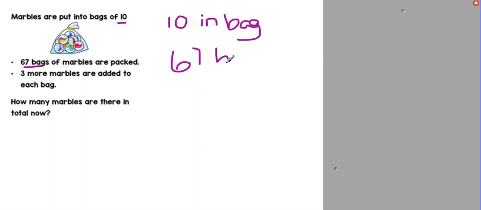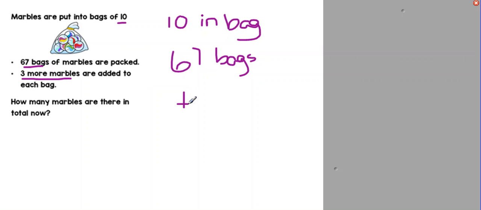So marbles are put into bags of 10. You've got 10 in a bag. 67 bags of marbles are packed, so you've got 67 bags. 3 more marbles are added to each bag.